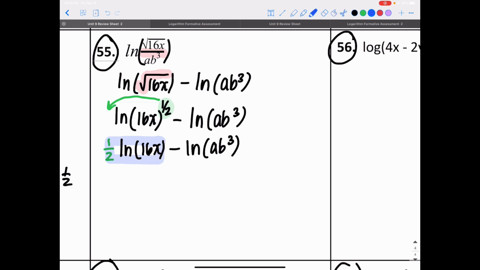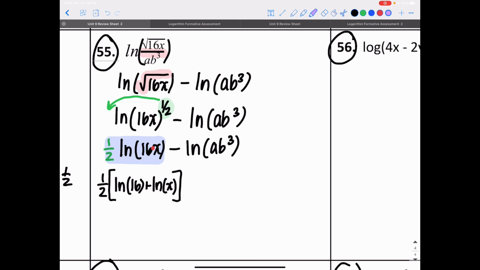This one here is going to break down further. I have multiplication happening in between the factors inside. So I'm going to break that down into 1/2 times, and I'm going to put this in parentheses, ln of 16 plus ln of x. Since I have multiplication inside, I break down with addition.